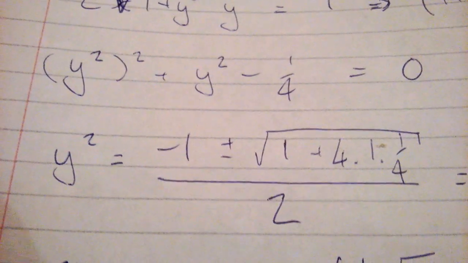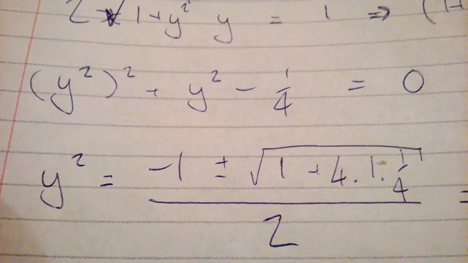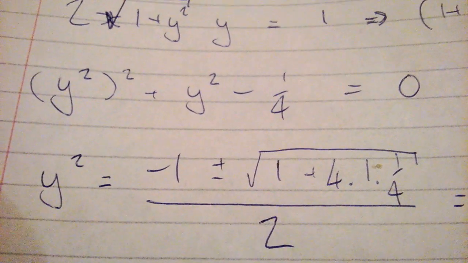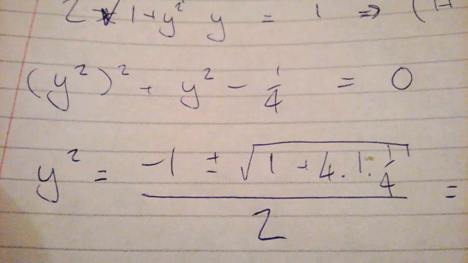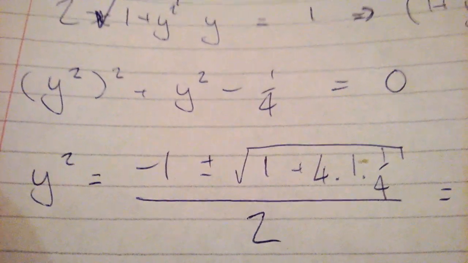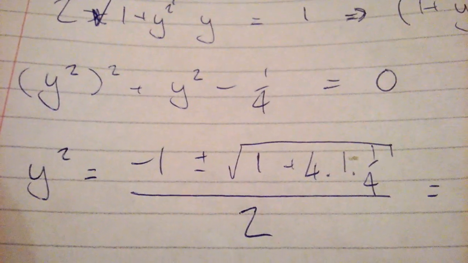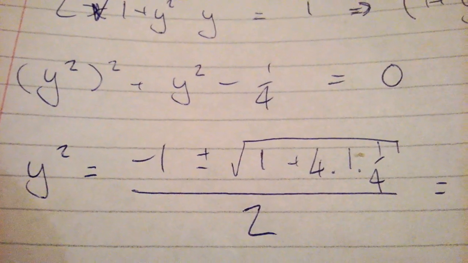Applying the rules for the quadratic equation, y squared is minus b, which is -1, plus or minus the square root of b squared minus 4ac, all divided by 2a.